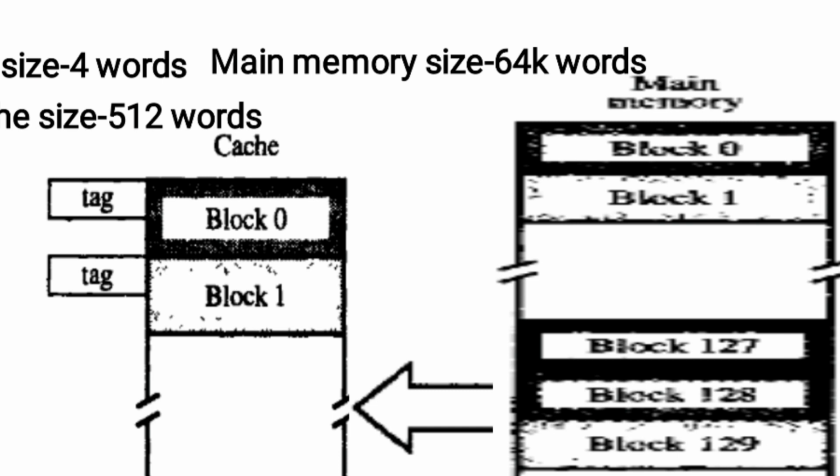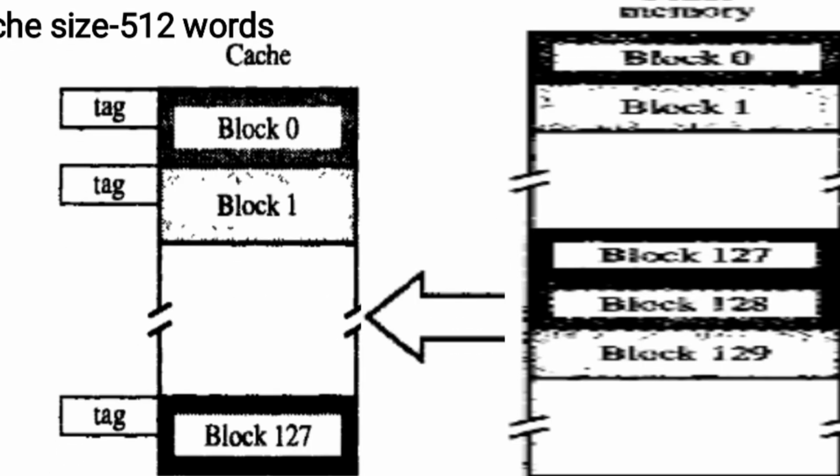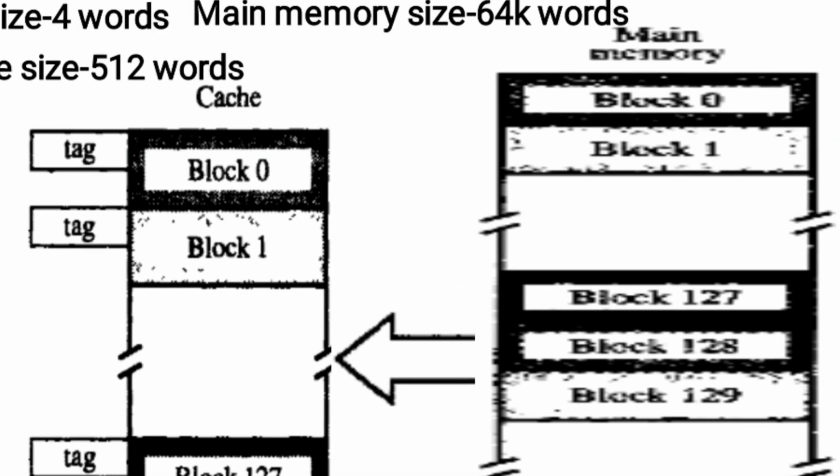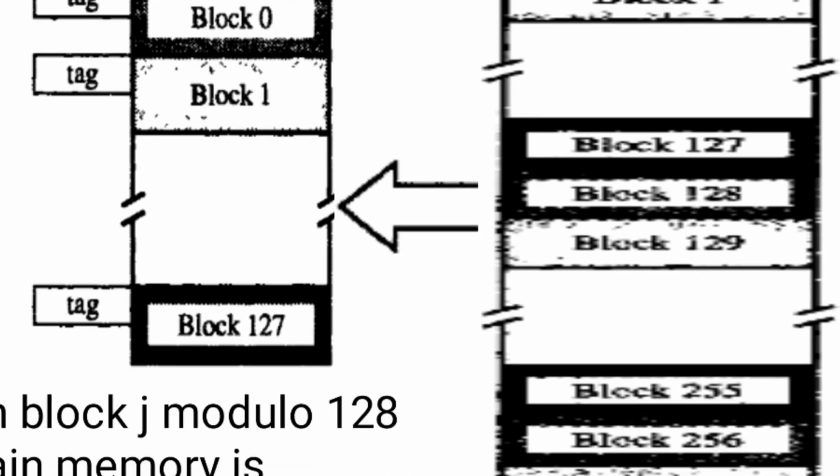The old content will be erased and the new content is written. 129 is copied into block 1, 130 into block 2, like this. Earlier it was from the first cache-size partition in main memory. Now the second partition.